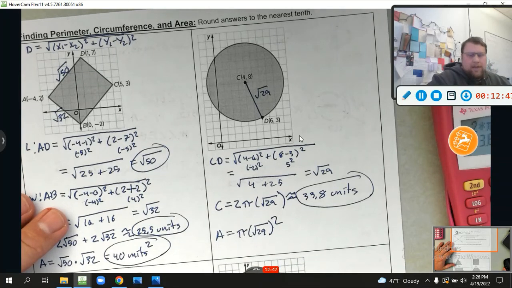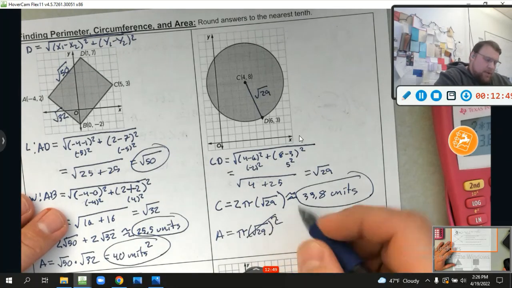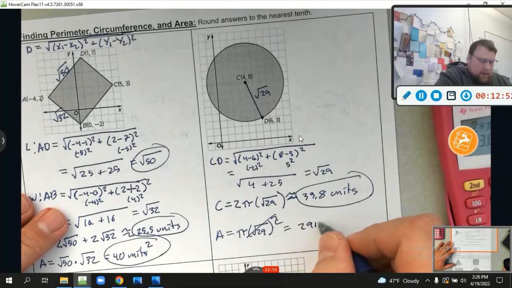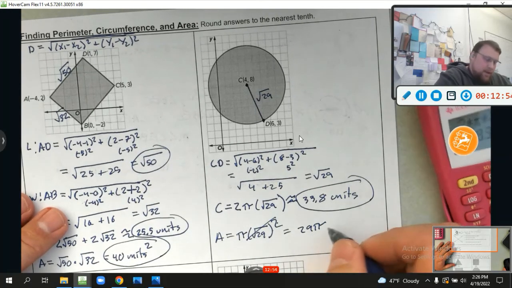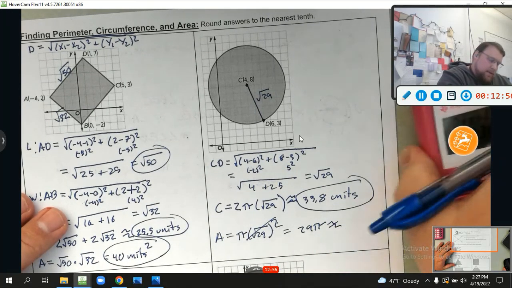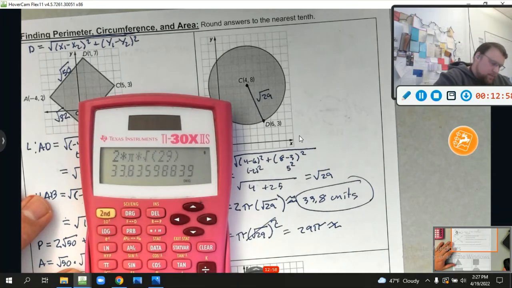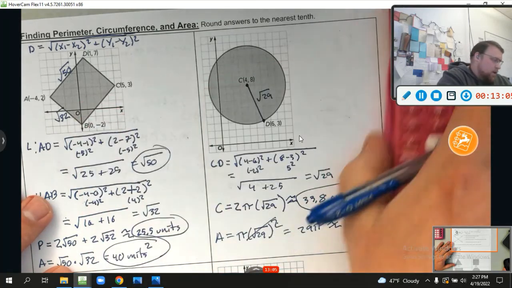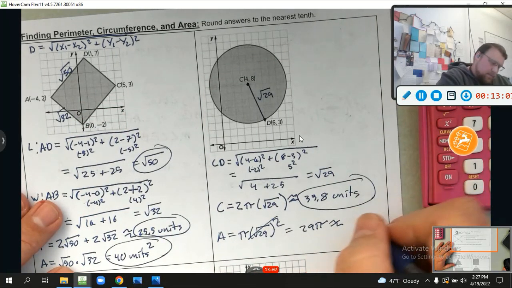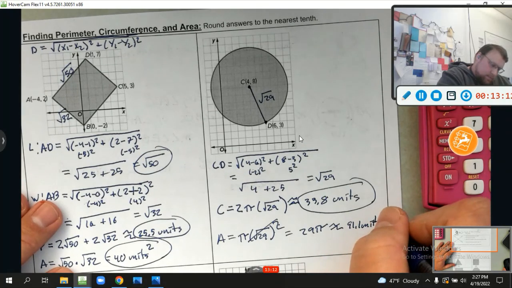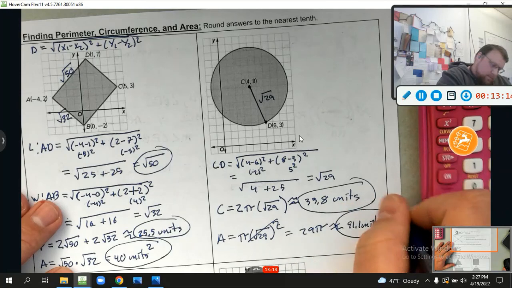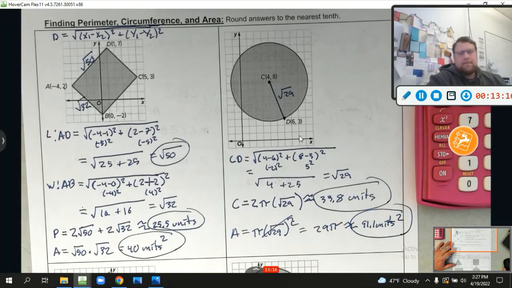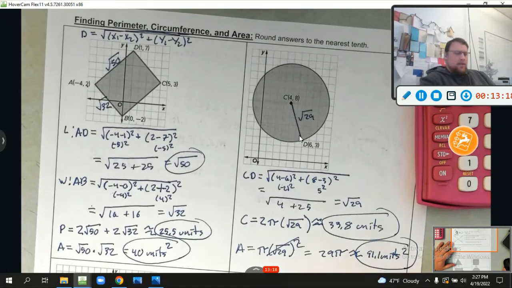Now here's the thing, guys. A square undoes a square root, so that's really just 29 times pi, which is approximately 91.1 square units. Again, pause if you need to. Let's go ahead and take a look at the next examples.